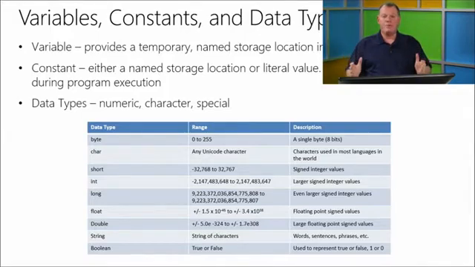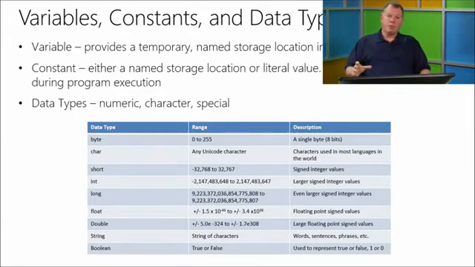You don't want to have to remember those when you're coding. So what we do is we create named storage locations that we refer to in our code that will then be directly mapped to these memory locations. And the compiler and the computer take care of that. You don't have to worry about that mapping. All you need to worry about is that I created a named storage location. That's how I'll access that data to either write to it or read it in my program itself.